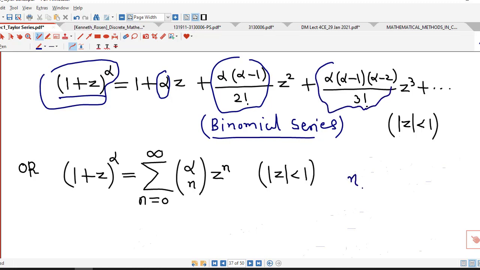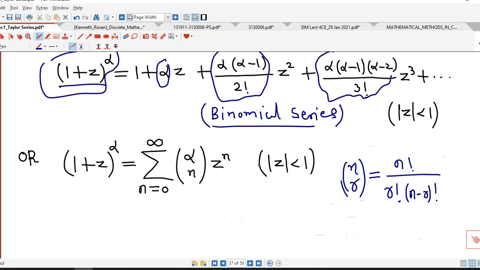If you recall, the combination of r objects out of n objects is given by n factorial divided by r factorial into n minus r factorial. So these coefficients can be represented in terms of the notation of combination.